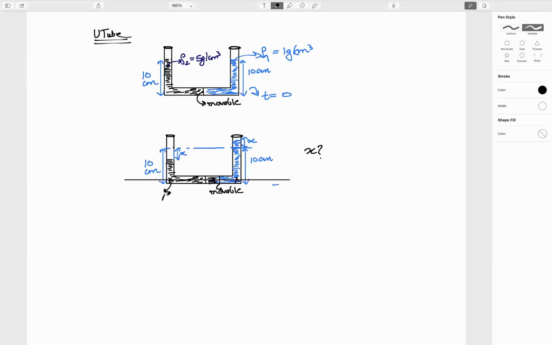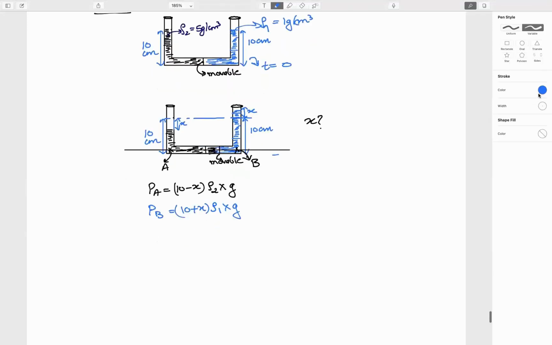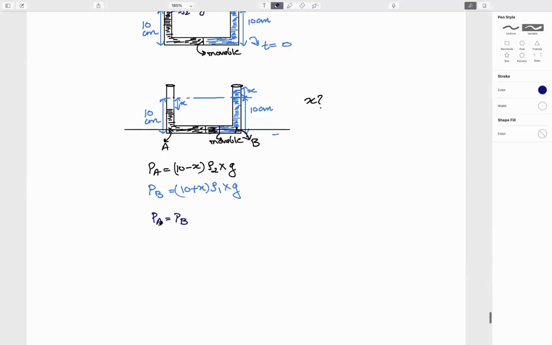If I call this point A and this point B, then PA is (10 minus x) into rho 2 into g. PB is (10 plus x) into rho 1 into g. PA equals PB because pressure does not vary in the horizontal direction.